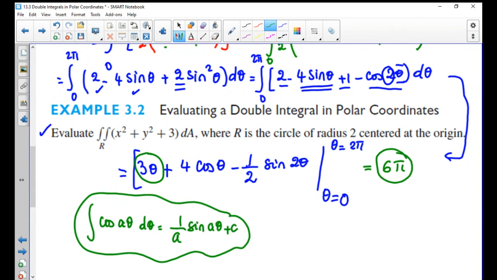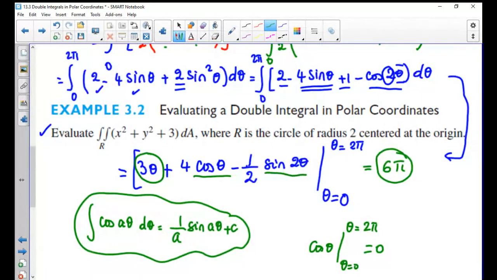Are we okay with this? What I mean is that, if you take the function cosine theta at 2 pi, it's going to be 1. At 0, it's also going to be 1. So 1 minus 1 is going to give you 0.